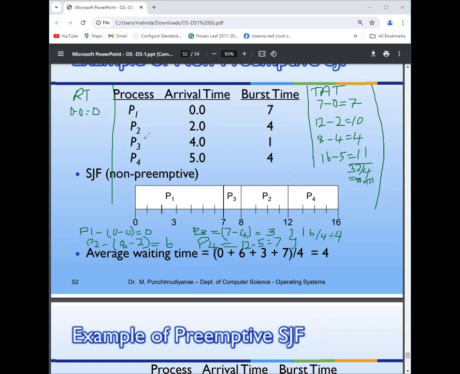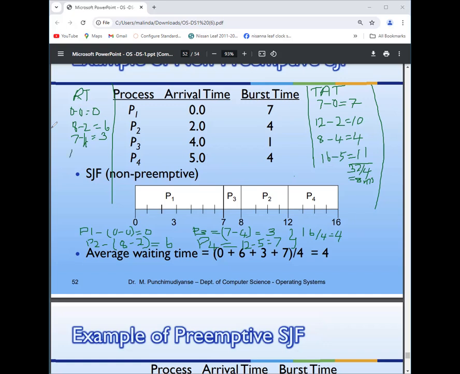For the P2, arrival to the queue at 2 milliseconds, got the CPU at 8 milliseconds. So 8 minus 2 is 6. For the P3, arrival to the queue at 4 milliseconds, got the first CPU at 7 milliseconds. So 7 minus 4 is 3.